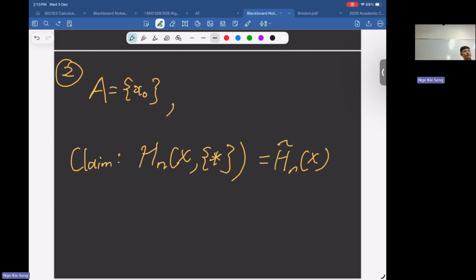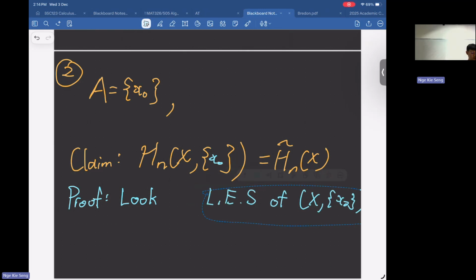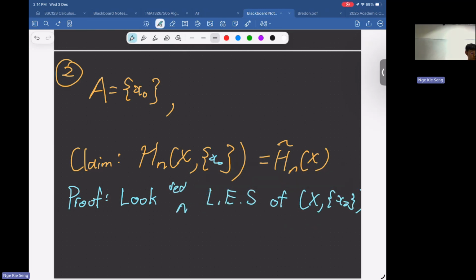Well, the proof is, look at the long exact sequence of the pair (X, x_0), this point here, so x naught. Not just the long exact sequence, but the reduced version that we discussed just now.